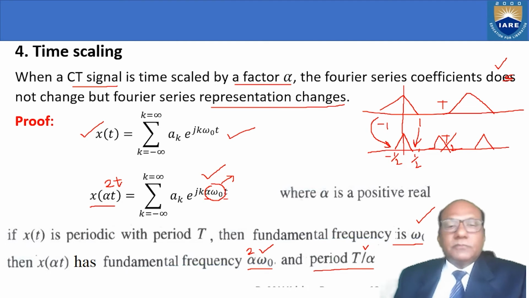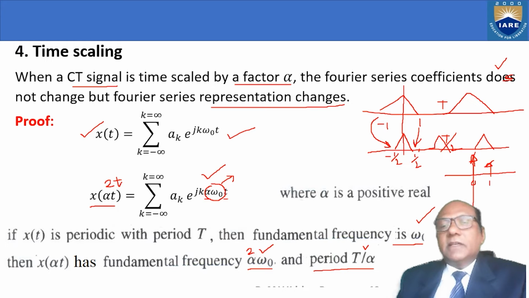Now what happens to the Fourier series coefficients? I am drawing this for the first signal x of t, before time scaling. Let us say the Fourier coefficients are like this. This is a1, this is a0. There is a DC term also here. A1 is this.